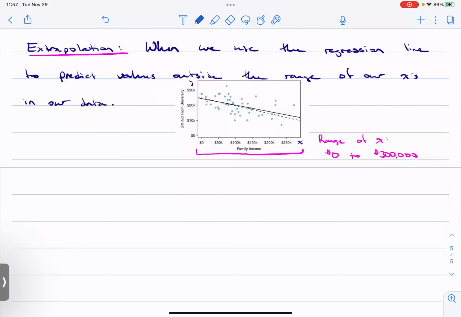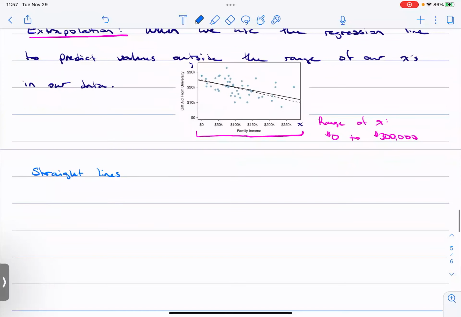But just to bolster this, a line goes from negative infinity to positive infinity. So we can make predictions. Okay. So straight lines, just as a fact, go from negative infinity to positive infinity.